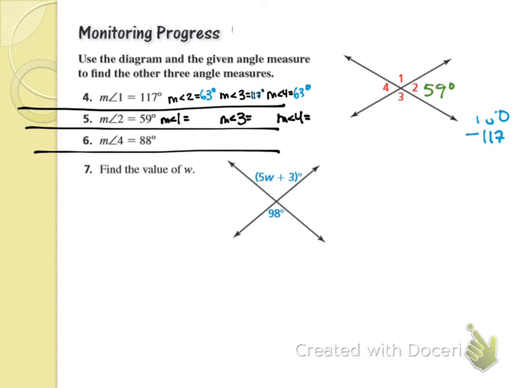So if angle 2 is 59, what other angle is also 59? 4. Angle 4 is 59, and then how would I find angle 1 and angle 3? Subtract from 180. 180 minus 59 is 121. So angle 1 is 121, which means angle 3 is also 121.